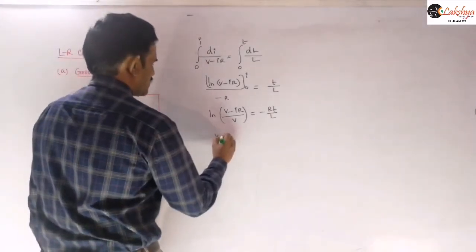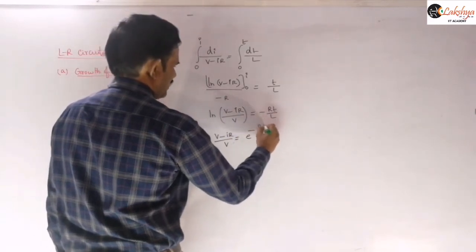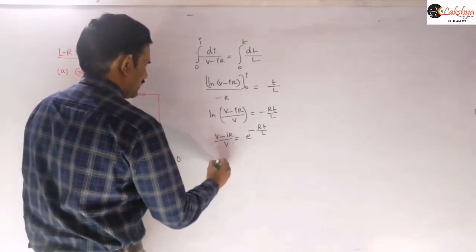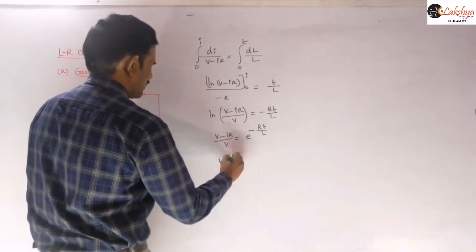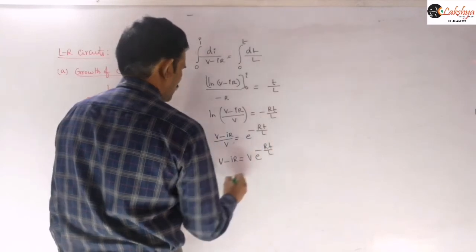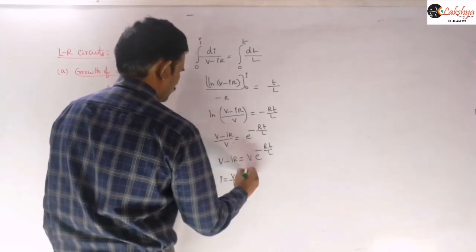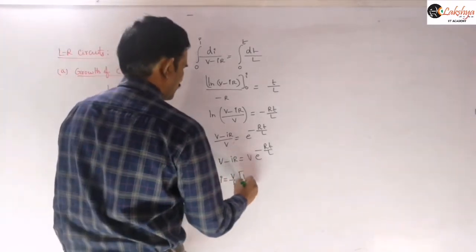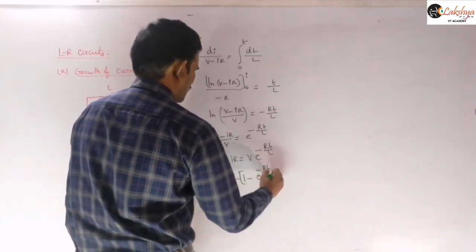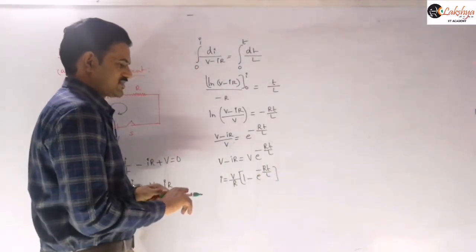So (V minus IR) by V is equal to e power minus Rt by L. Therefore, from this we need the I expression, so V minus IR is equal to V into e power minus Rt by L, and therefore I is equal to V by R into (1 minus e power minus Rt by L).